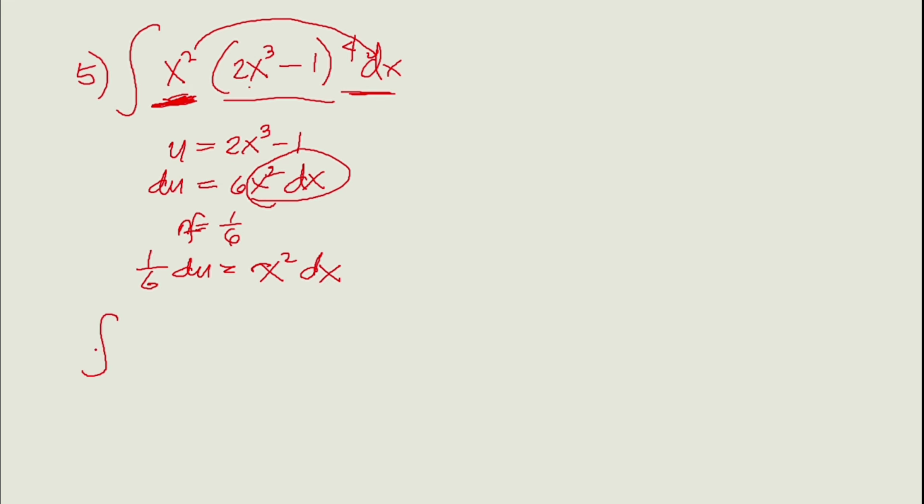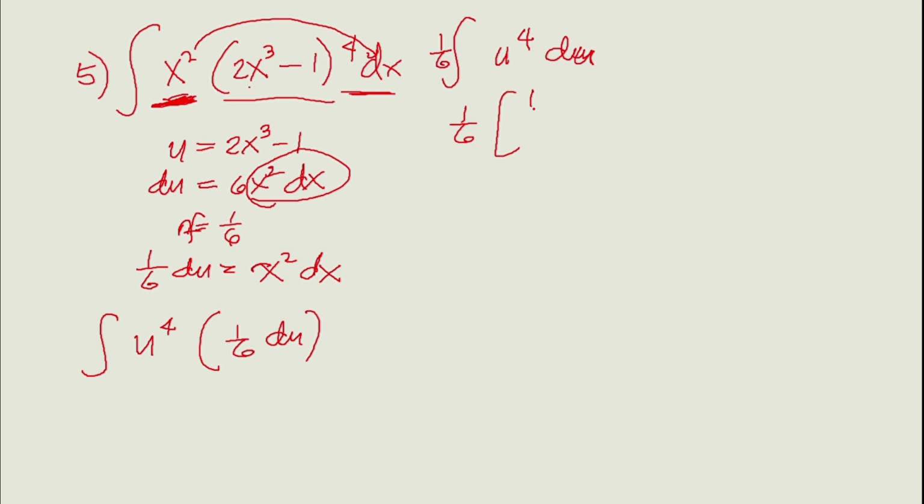So the integral of u raised to 4, then we have 1/6 du. So 1/6 integral of u raised to 4 du is equal to 1/6 times u raised to 5 over 5, plus c.